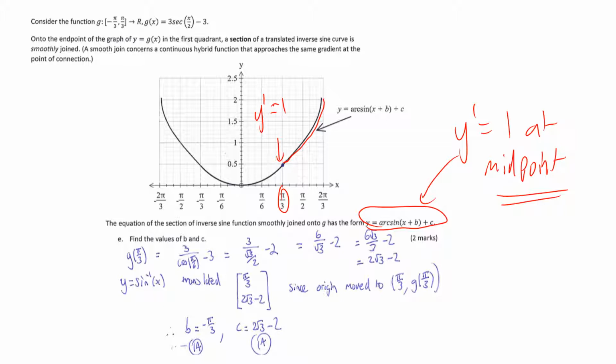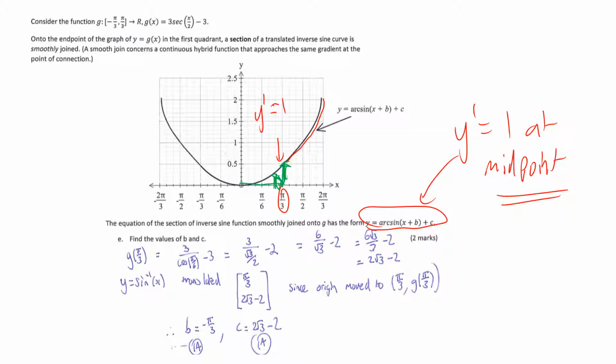It's just been translated b units to the right and c units up. So it's a case of appreciating what are b units. So it's got to be translated pi on 3 to the right and a certain value c upwards. So that's what it was all about.